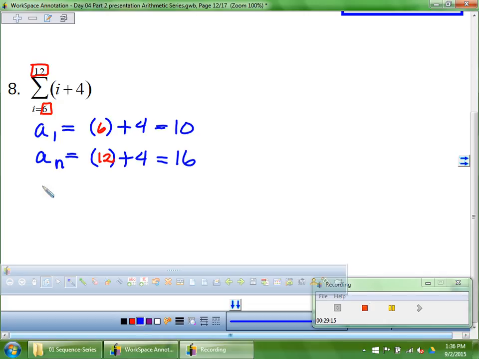The total number I have is 6 to 12. So if I count on my fingers, 6, 7, 8, 9, 10, 11, 12, I have how many? 7. And remember I told you 12 minus 6 is 6, but I subtracted the 6, so I got to put it back in. So 12 minus 6 is 6, plus 1 is 7. Okay?